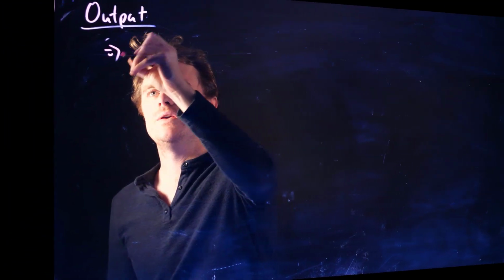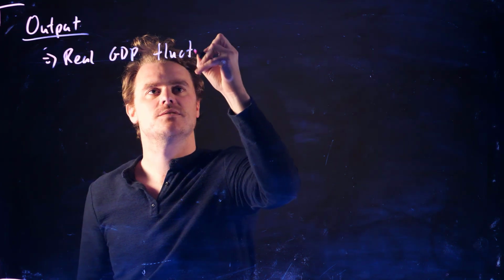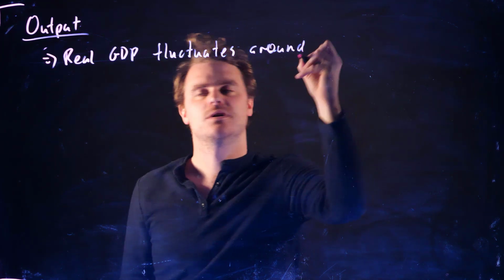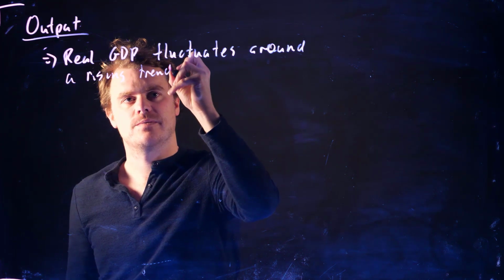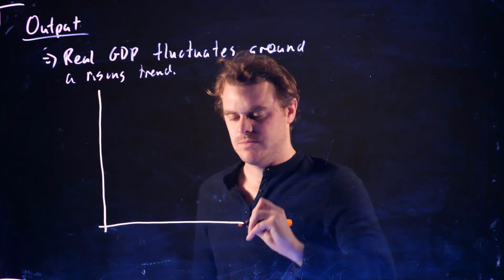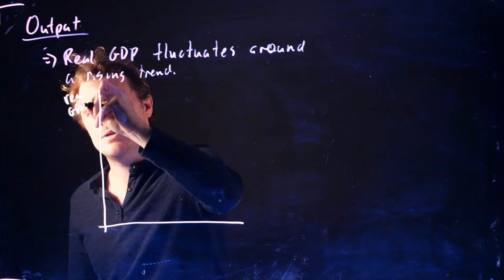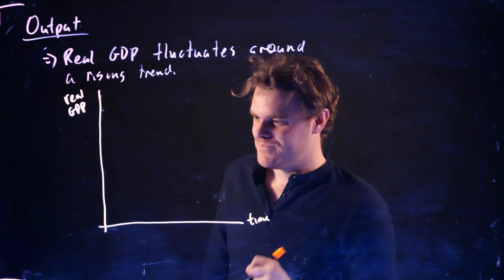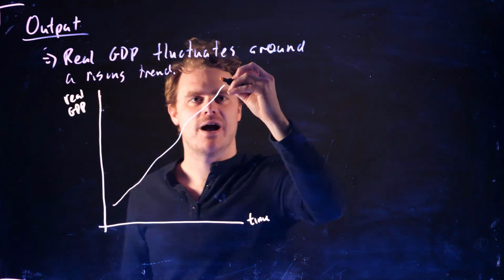So real GDP fluctuates around a rising trend. If we are going to use a graph to represent real GDP, or real output, over time, we might have potential output rising like this.